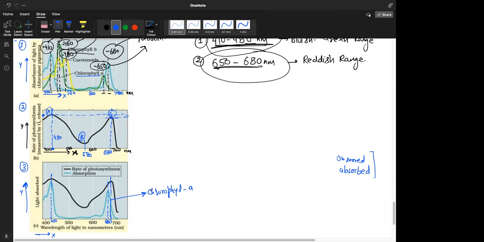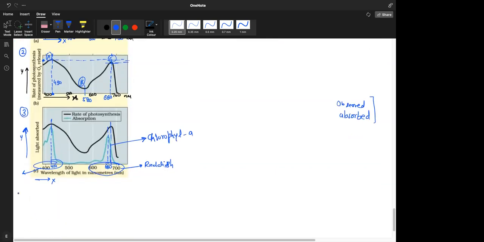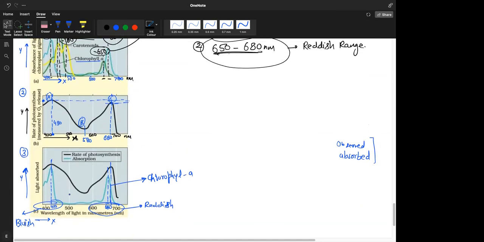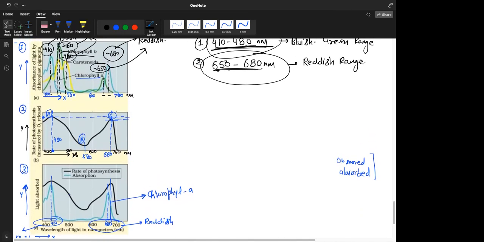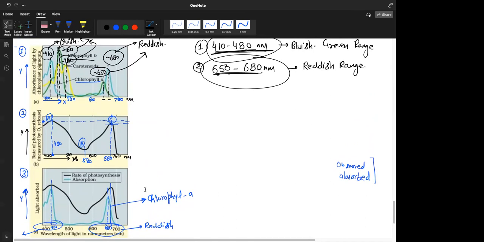So at these two light regions, the reddish region and this zone, the bluish zone, the photosynthesis is maximum, proved with data. Is it clear, all of you? Yes, sir. This is how we read a graph and infer exactly what the graph tells.